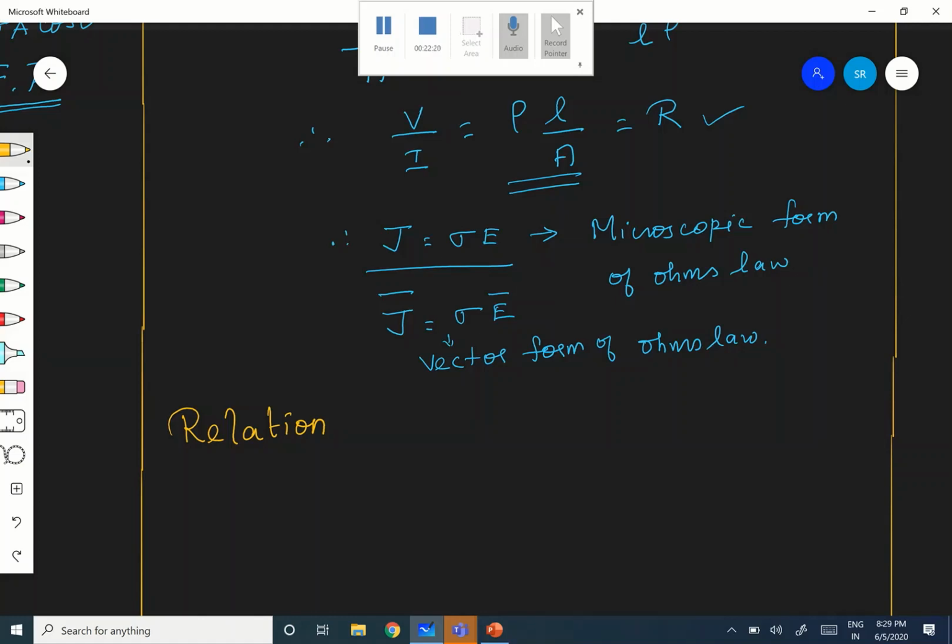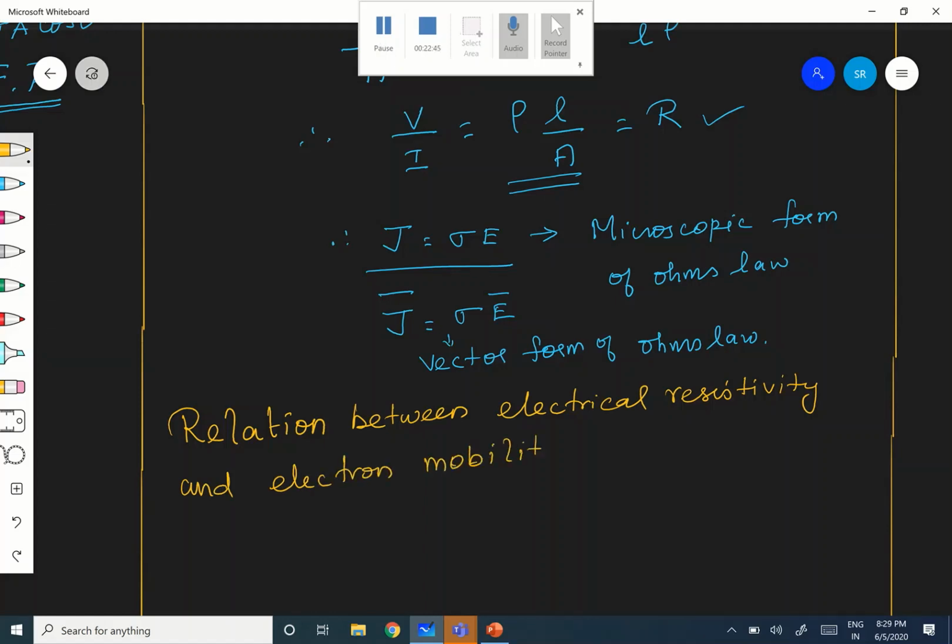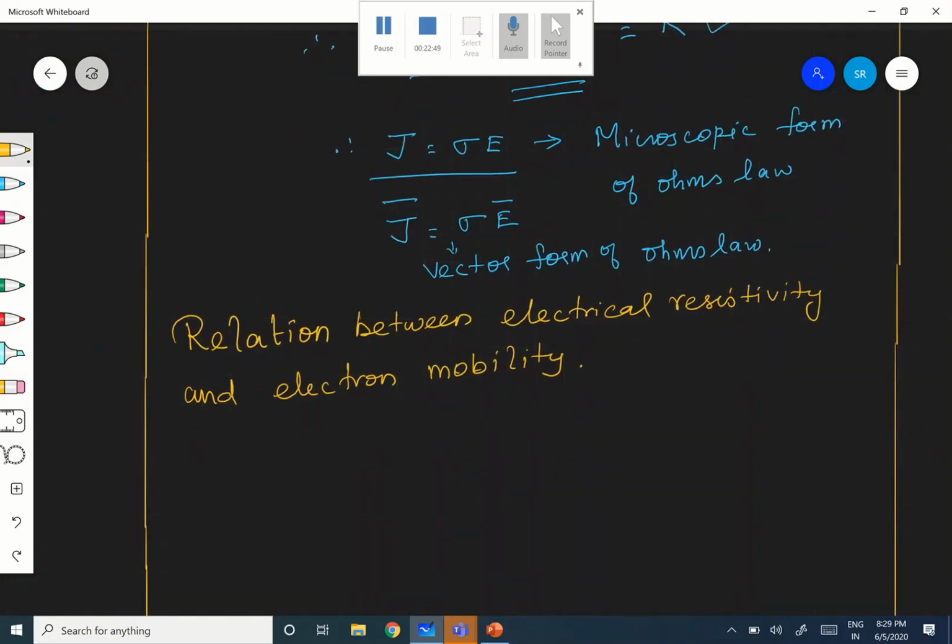All these formulas you have to keep in your tips. The next relation is the relation between electrical resistivity and electron mobility. Simple.